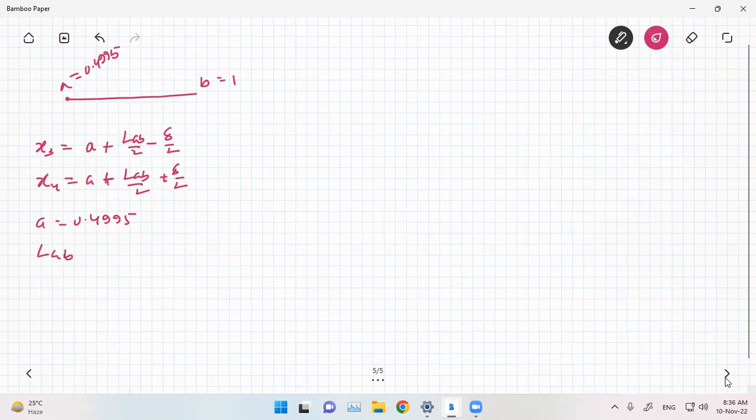New LAB is basically 1 minus 0.4995, that is 0.5005. And del is always that value of 0.001. So the new value is becoming 0.4995 plus 0.5005 by 2 minus 0.001 by 2.